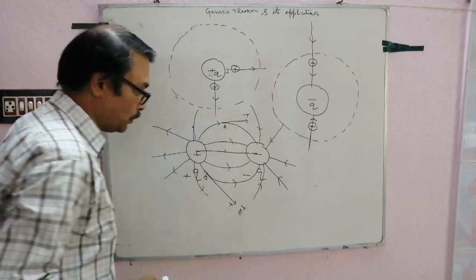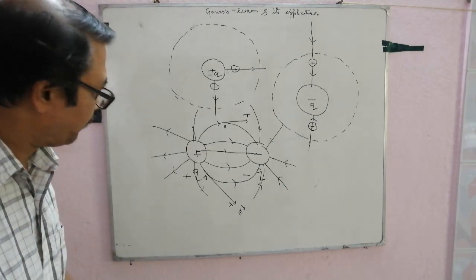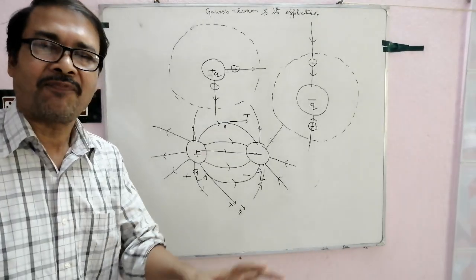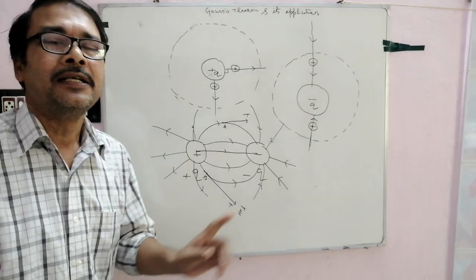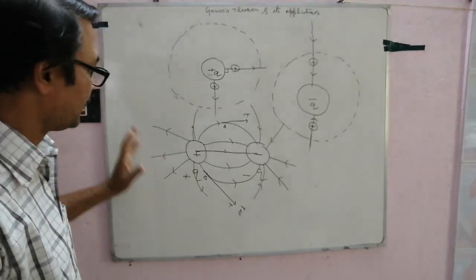So it is another property. And at first I mentioned that inside the conductor the electric field is 0, so there is no existence of electric field lines.